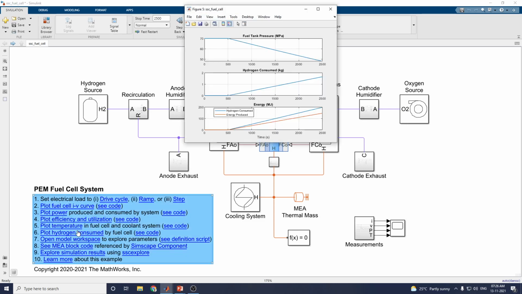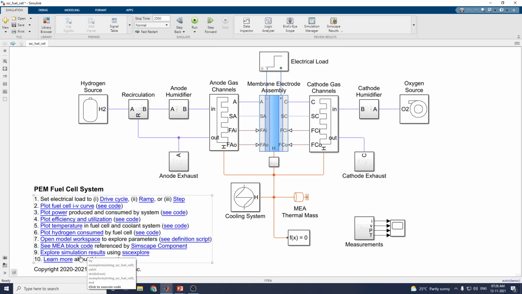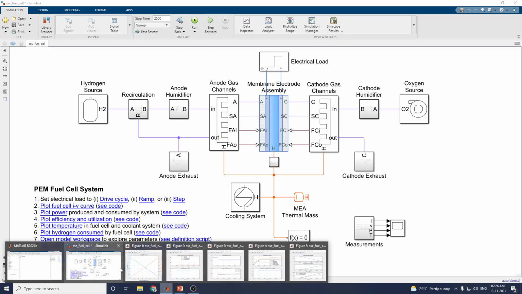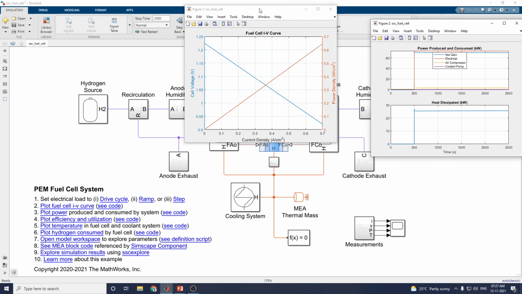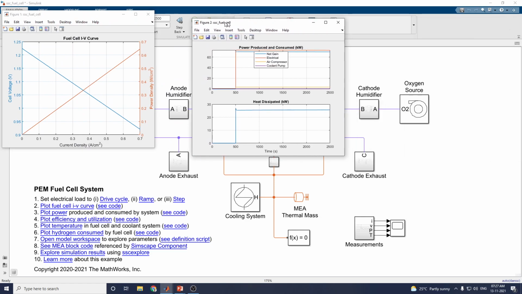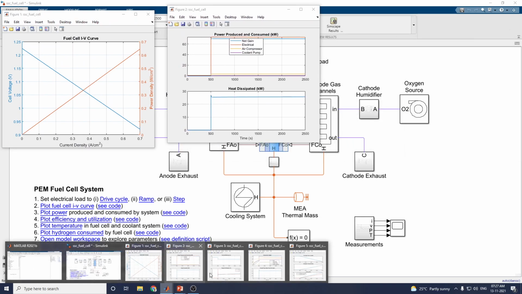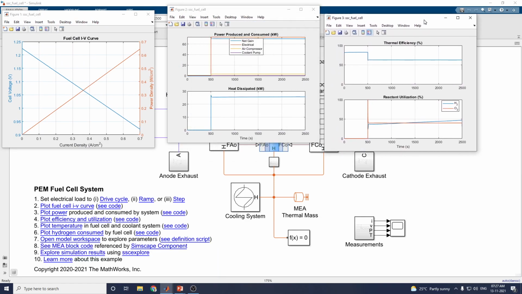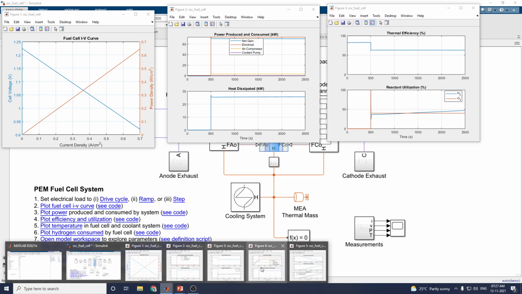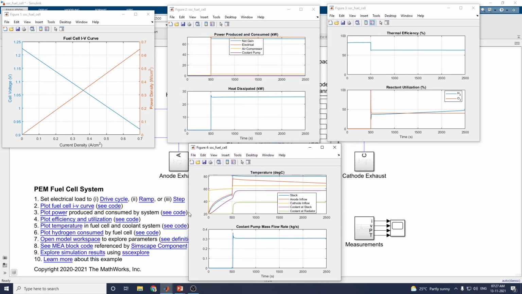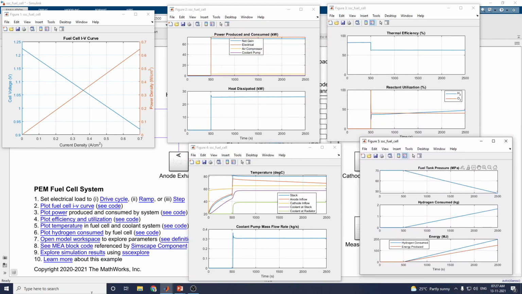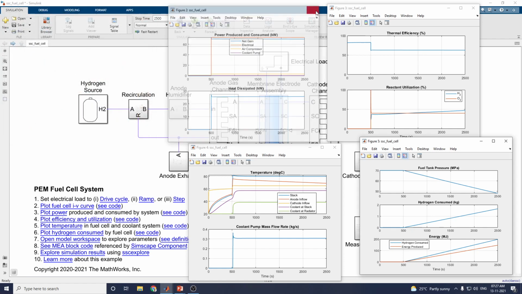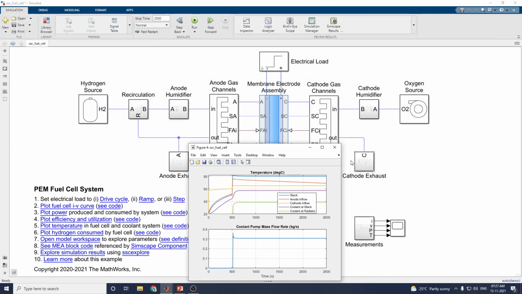These are hydrogen consumed by the fuel cell, so that you can easily understand the concept of fuel cell system with this hydrogen generated and consumed with this fuel cell with these different types of scopes. Here also we can see the three different electrical loads. We can analyze the performance of the fuel cell with this example.